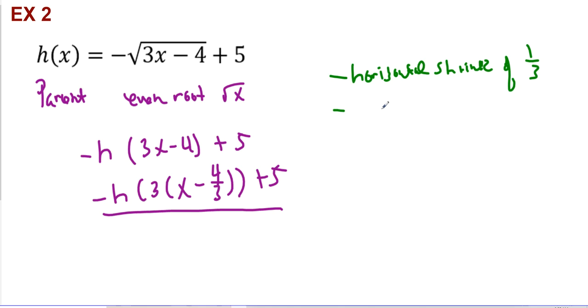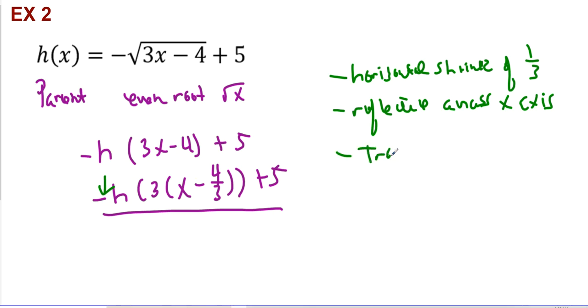Then I have reflecting across the x-axis, okay? And that's this guy right here, okay? Then we're going to have our translations, and I'll just go ahead and write them both at the same time. I'm going to go right 4/3, and we're going to go up 5.